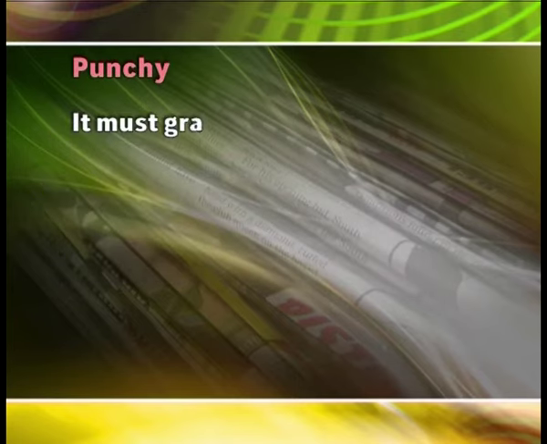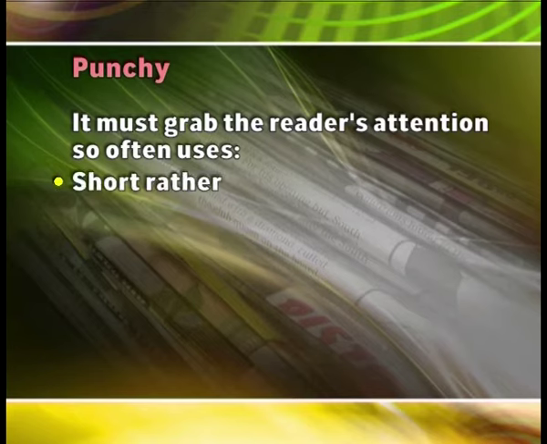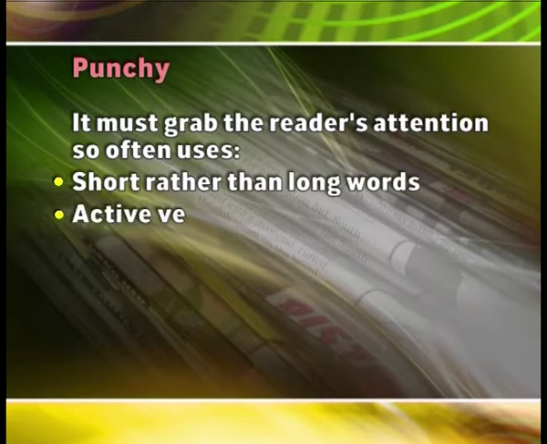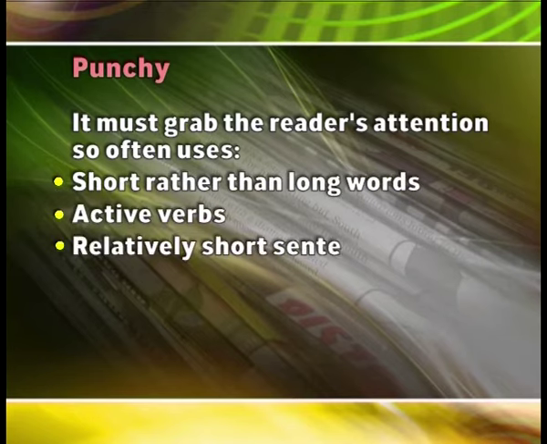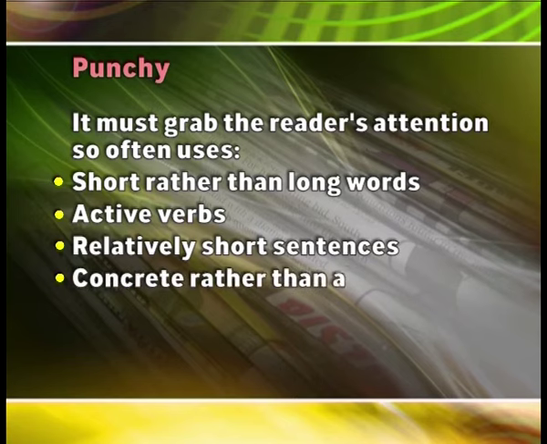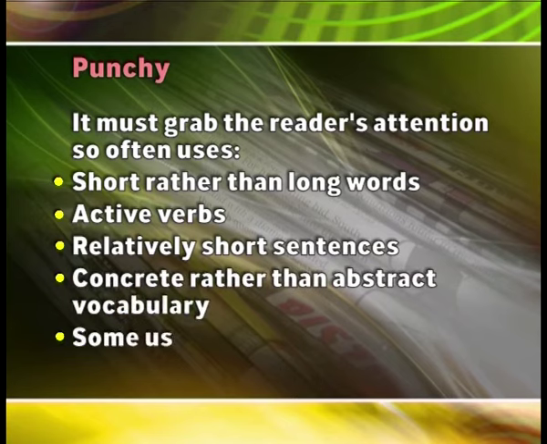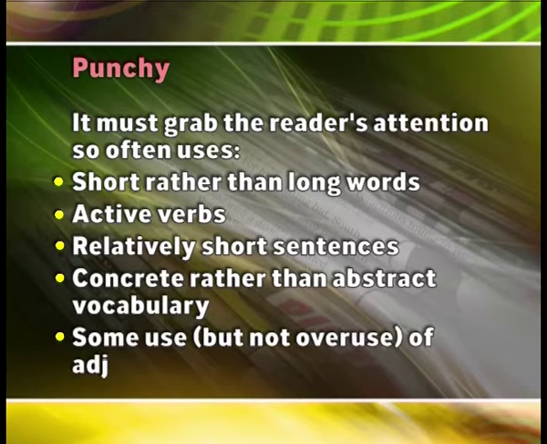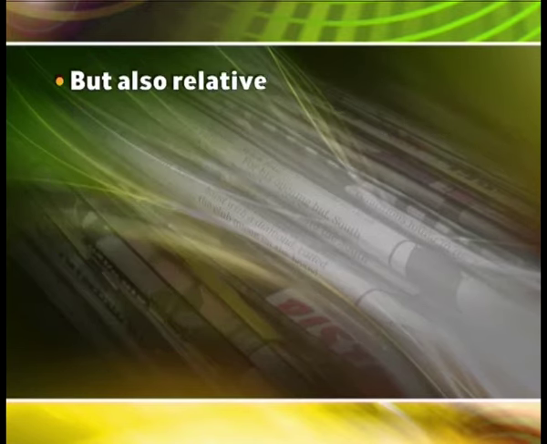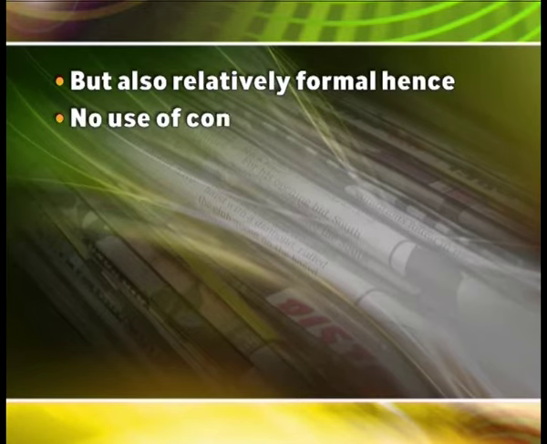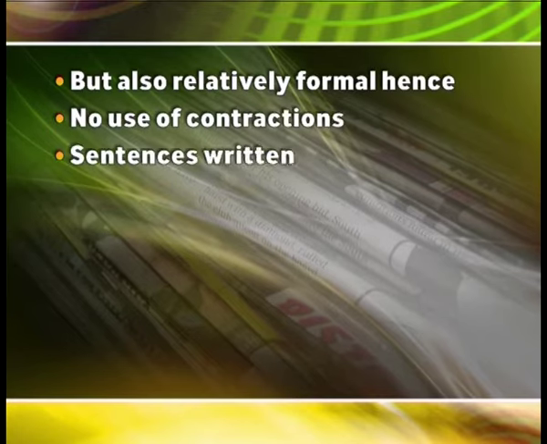Punchy. It must grab the reader's attention, so it often uses short rather than long words, active verbs, relatively short sentences, concrete rather than abstract vocabulary, some use but not overuse of adjectives, but also relatively formal, hence no use of contractions.